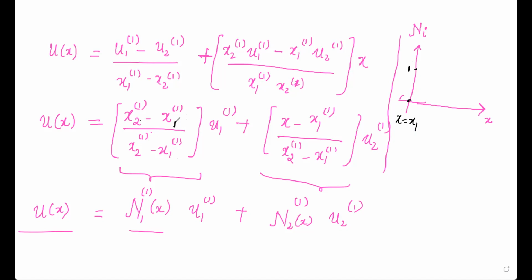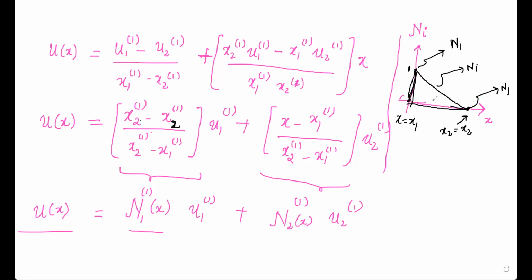Okay, and at x is equal to x2, this becomes 0. So this is x is equal to x2, this point. So here our n1 is 0 and here our n1 is equal to 1. Since this is a linear function of x, as we go from x1 to x2, the function n1 is like this.